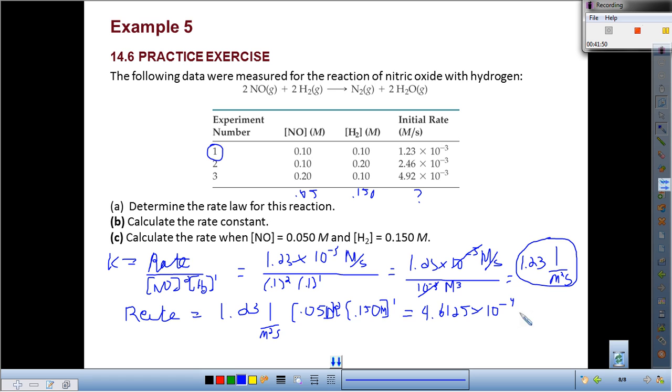So I end up with molar cubed over molar seconds. And so what does that become? It becomes molar per second. Does that match what I got for my rate? Yeah, that's a rate unit. Molar per second.